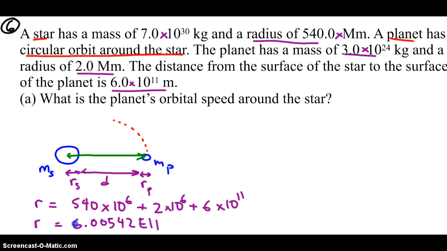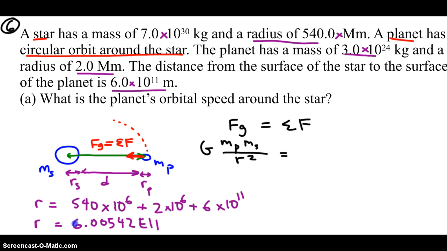Now the planet is moving around in a circle, which means it feels a centripetal net force. What pulls it in? The answer is the gravity. That's what provides the centripetal net force. So on the left side, I plug in using Newton's gravitation equation. Planet and sun are what we're looking at now.